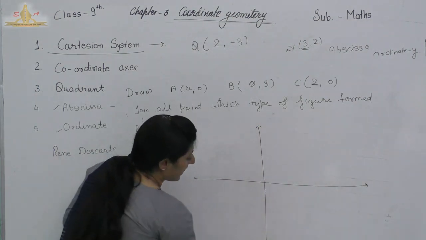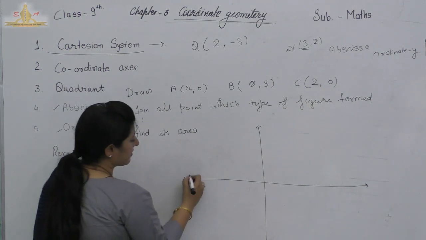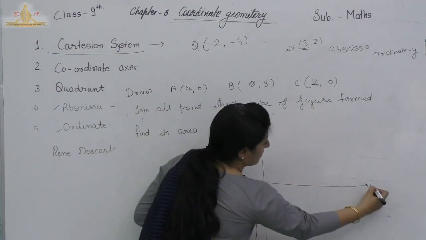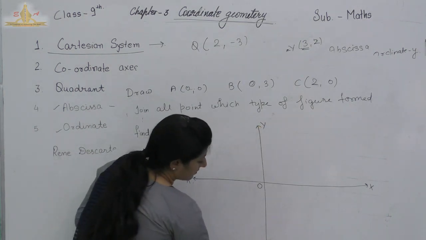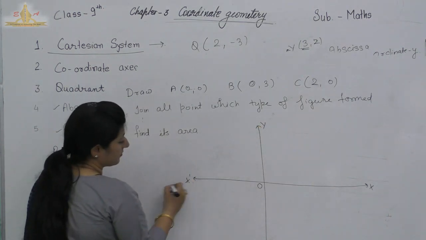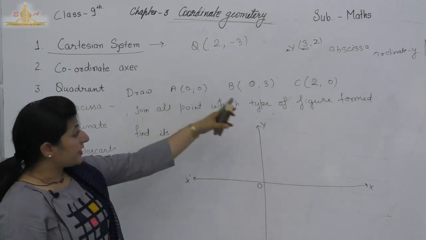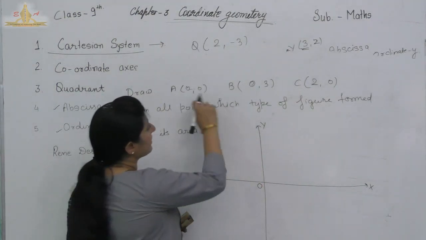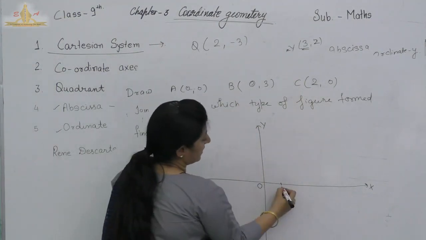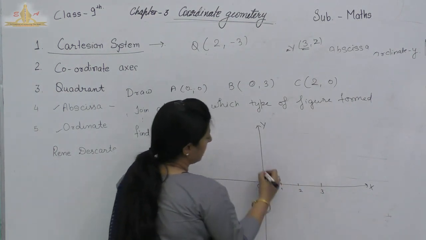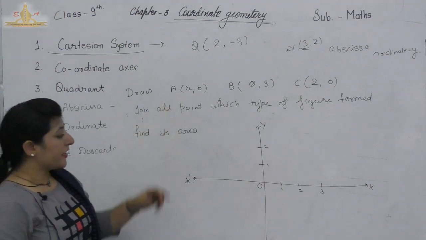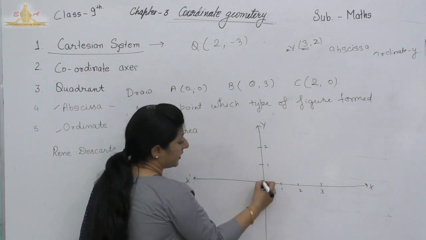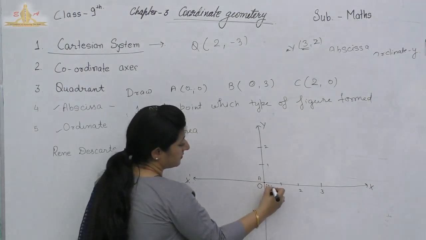Firstly, we draw the x-axis and y-axis. Now see, we need the positive x-axis and positive y-axis. So there is 1, 2, 3, 1, 2. Now first point A, 0, 0, it means this is the origin.